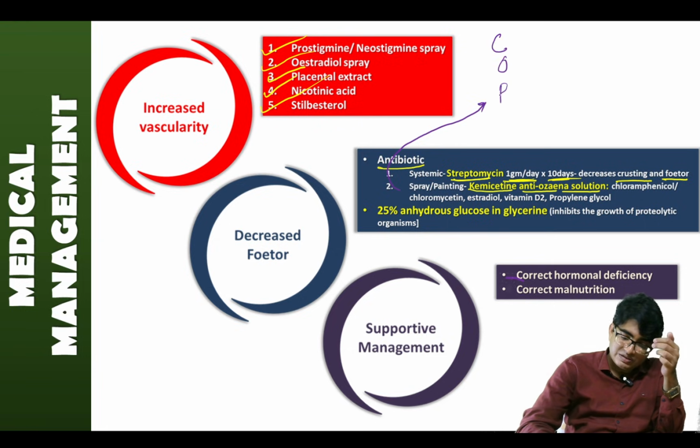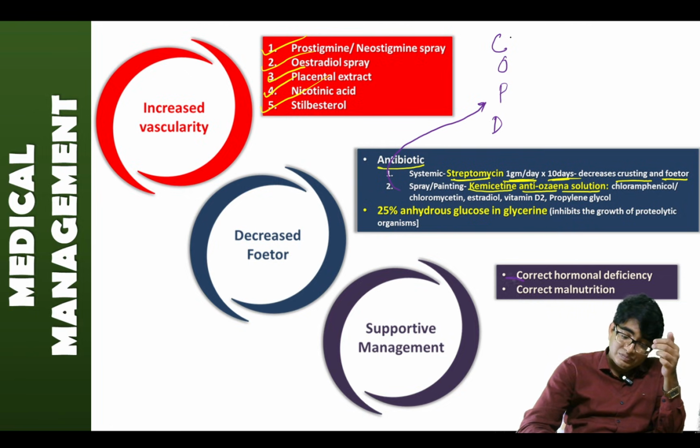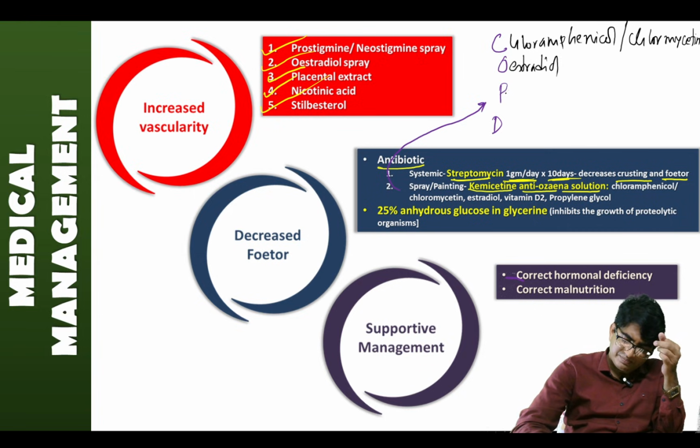It contains COPD. What is COPD now? C for chloramphenicol, chloromycetin, O for estradiol, P for propylene glycol, D for D2.